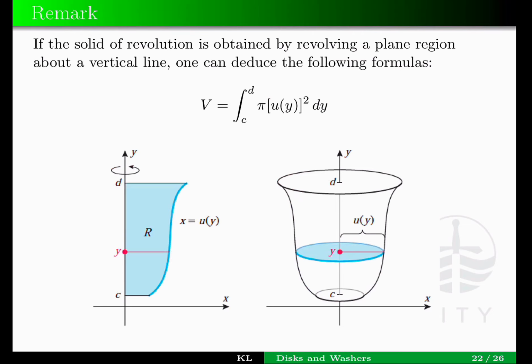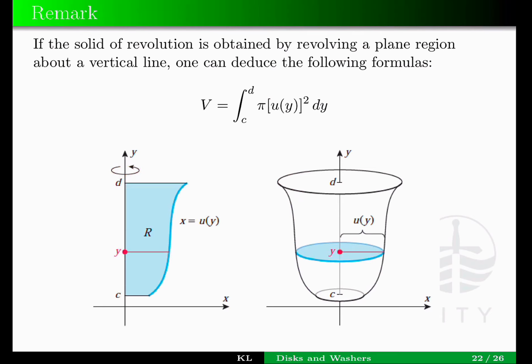Now, you have y as the variable of integration case. The solid of revolution is obtained by revolving a plane region about a vertical line. One can deduce the following formula. The axis of revolution is vertical, so the strips must be horizontal. For the method of disks and method of washers, you will be given the axis of revolution, and the strip must be perpendicular.